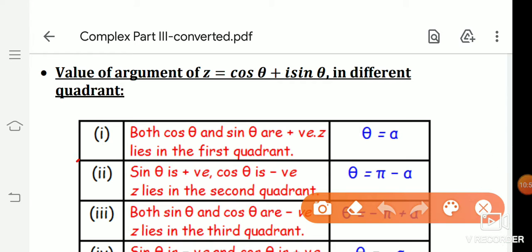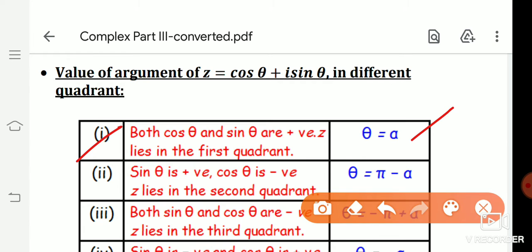Then if both cos theta and sin theta are positive, that is in a complex number both the real and imaginary parts are positive, that is a is positive, b is positive, then the argument of z will lie in the first quadrant and it is denoted by theta equal to alpha.